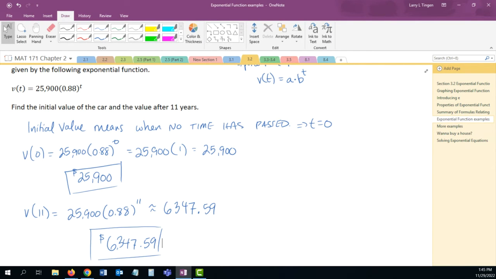If I bought a Corvette or a McLaren or a Ferrari, some of those cars do increase in value over time, but most don't. When I initially got the car, it was $25,900. After 11 years, now it's worth $6,347.59. So I've lost money. This means I have exponential decay.